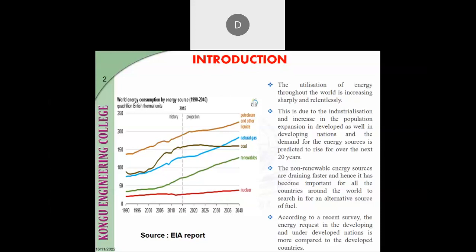So this plot shows the world energy consumption by energy source, from 1990 to 2040, thanks to the EIA report.